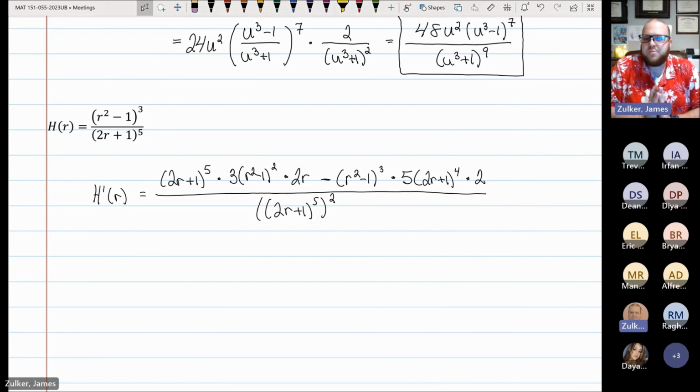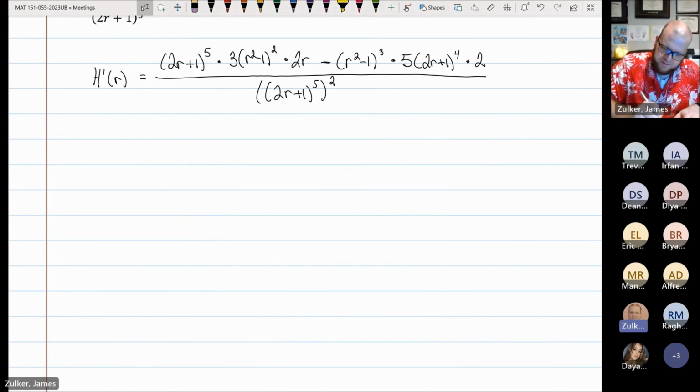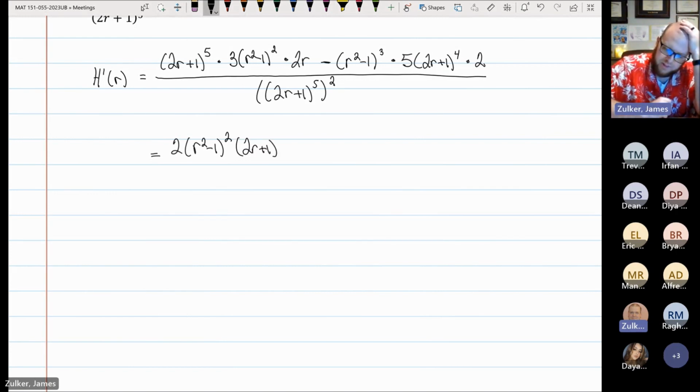Okay, fun algebra time. For the constants, we have a 2 common. r squared minus 1, lowest power is 2, that gets factored out. 2r plus 1, smallest power is 4, that gets factored out.